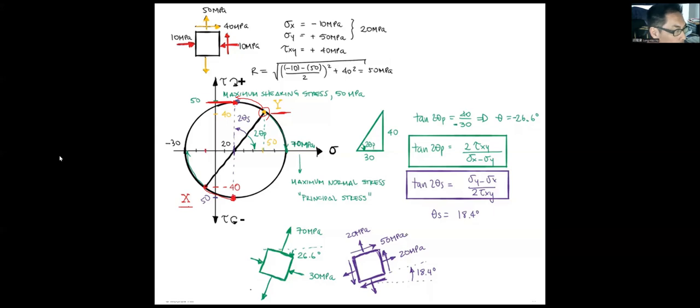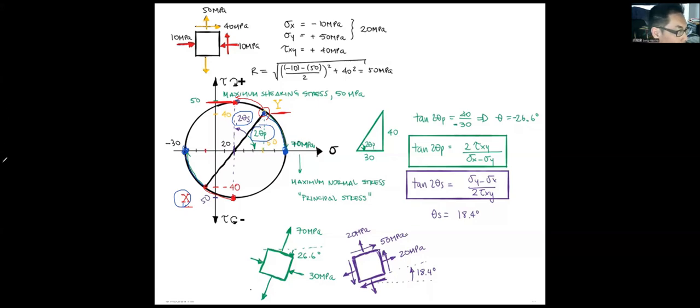And if the point y is rotated a specific angle clockwise, you will reach the principal stress. The same thing for point x: when it is rotated to coincide with the x-axis, we find its principal stresses. We define these angles as 2 theta s and 2 theta p.